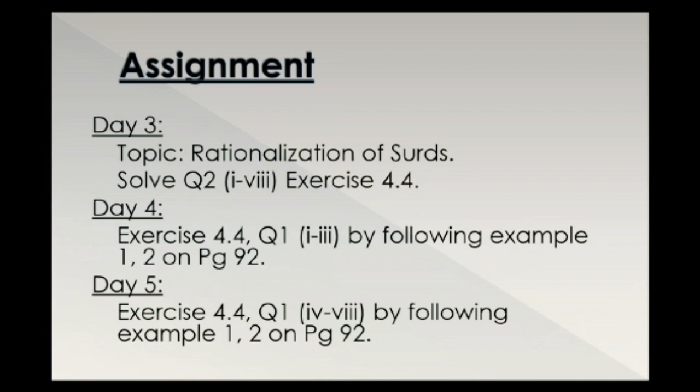Only conjugate. And in day 4, you will solve exercise 4.4, question number 1, first to 3rd part. Example, you will also solve. On day 5, exercise 4.4 and the same question number 1, the parts 4 to 8. And examples will be also solved by you.